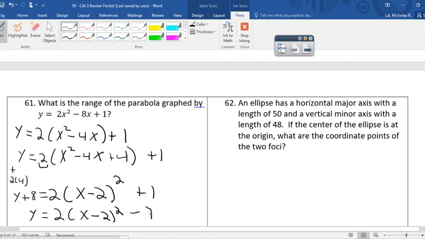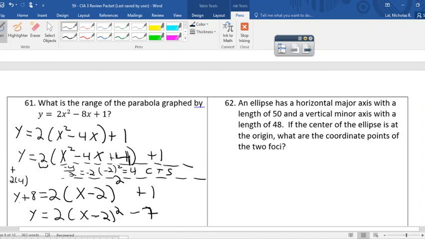And just a heads up, I completed the square by doing negative 4 divided by 2 is negative 2. Negative 2 squared is 4. I should have shown that step. That's completing the square. I did that to add 4 on each side so I can get a perfect square trinomial so that I could get the parabola to vertex form.